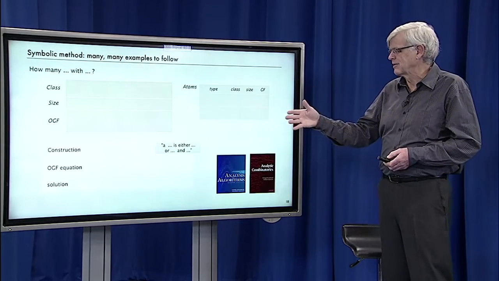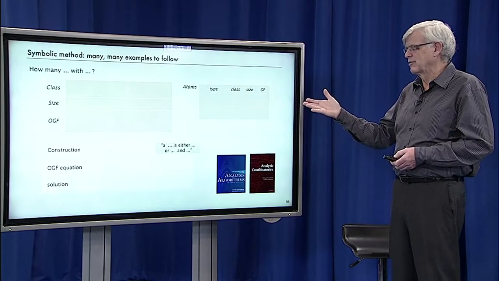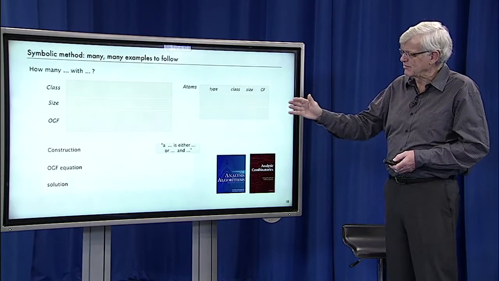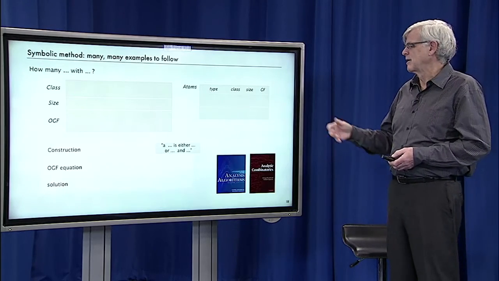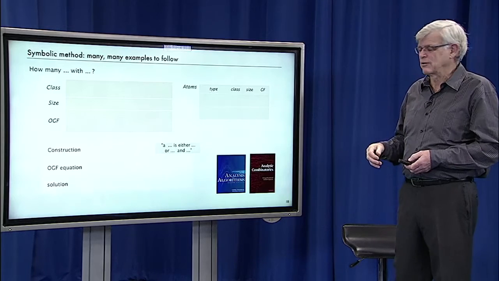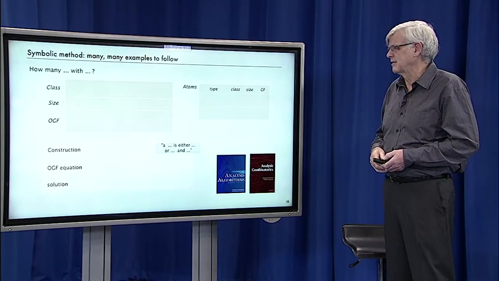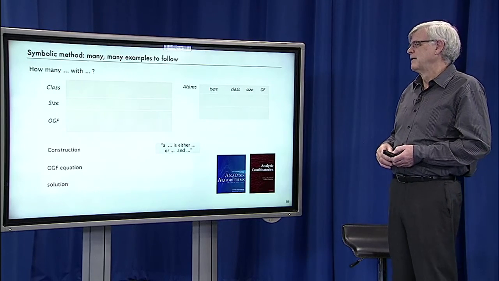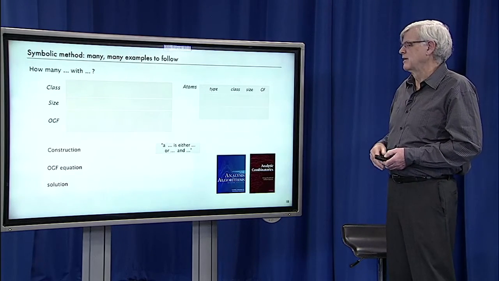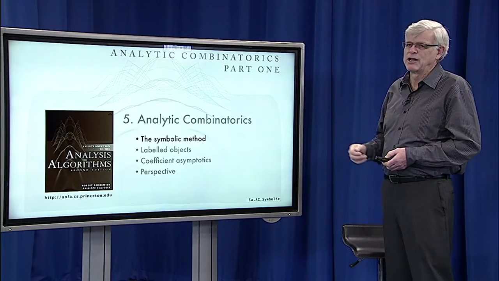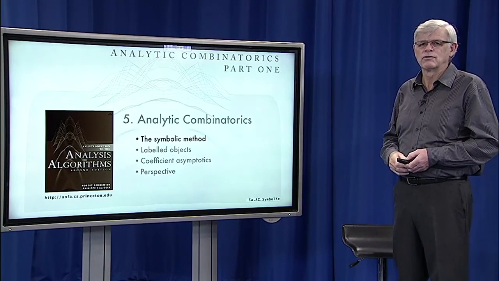Then we'll do a construction that mirrors some English language description usually. That'll immediately translate to an OGF equation. And then the last step is to extract the coefficients, and we'll talk about that at the end. So lots of examples to follow. But before considering some more, I want to talk about labeled objects, but that's an introduction to the symbolic method.